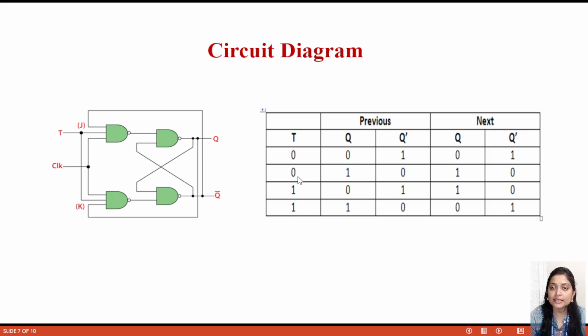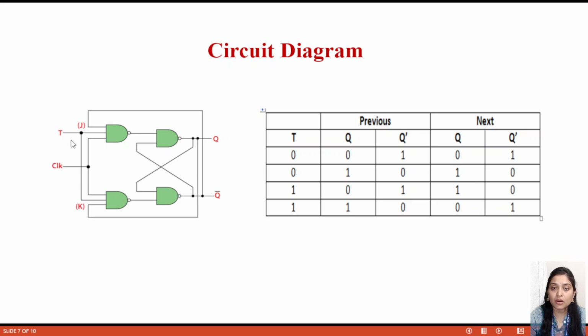Again we give 0 as T input, now the previous state is 1 and 0, so the output is the same, Q equals 1, Q bar equals 0, because it is a no change condition.